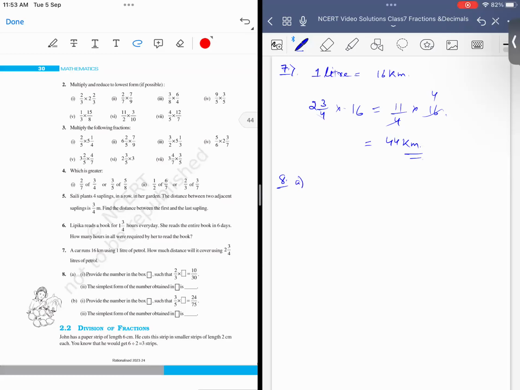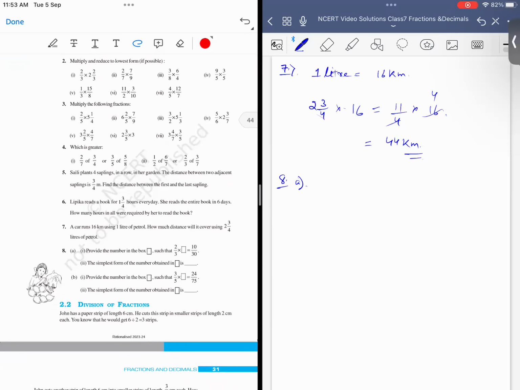Question number 8, part A. It is saying provide the number in the box such that 2 by 3 into the box becomes 10 by 30. So you see, what should I multiply so that 2 becomes 10? 5.